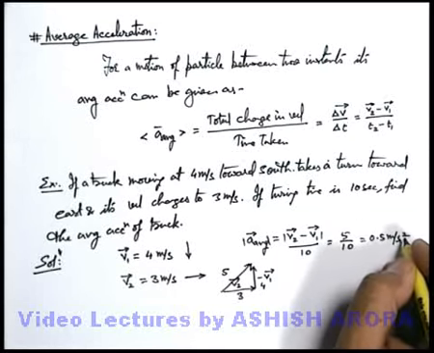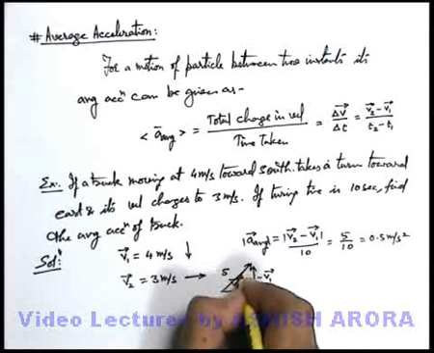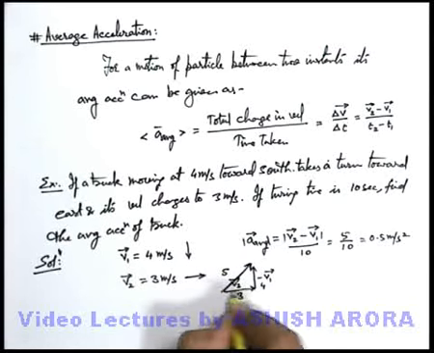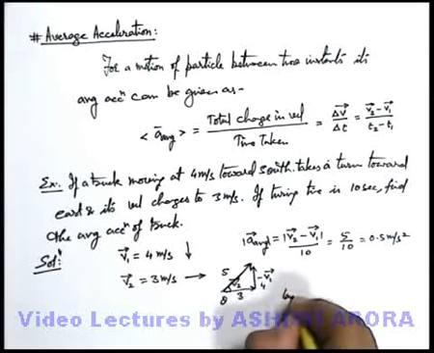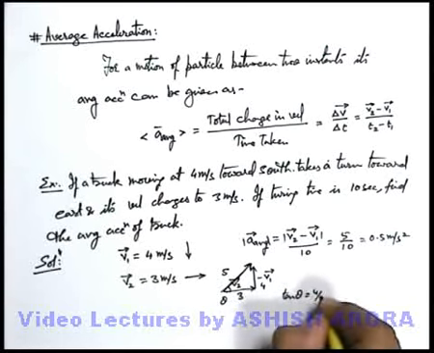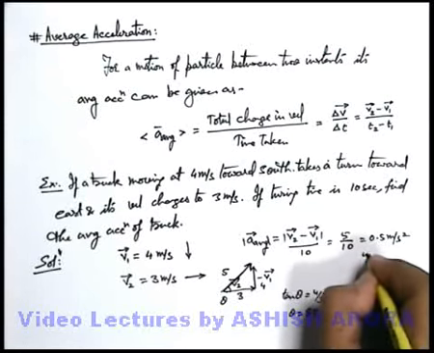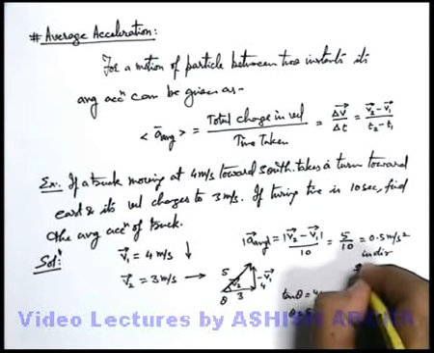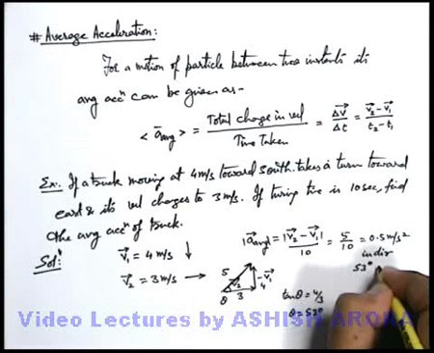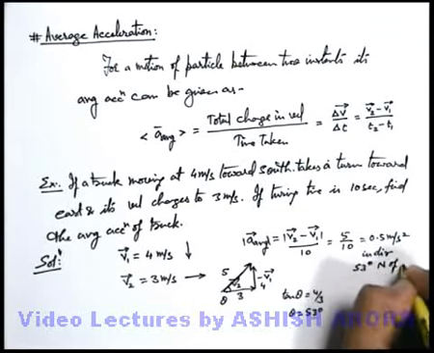If we wish to find out its direction, you can simply state if this is the east direction, it will be north of east at an angle theta, and here tan theta can be written as 4 by 3. That means theta will be 53 degree. This will be in direction 53 degree north of east.